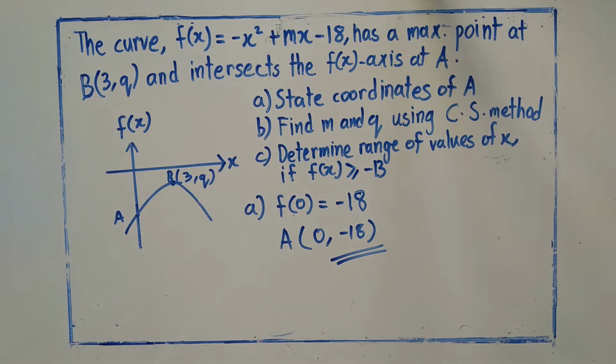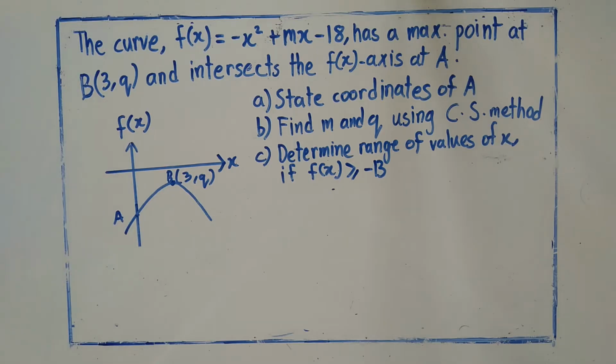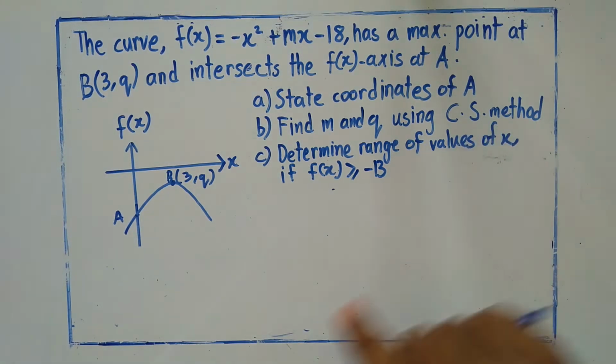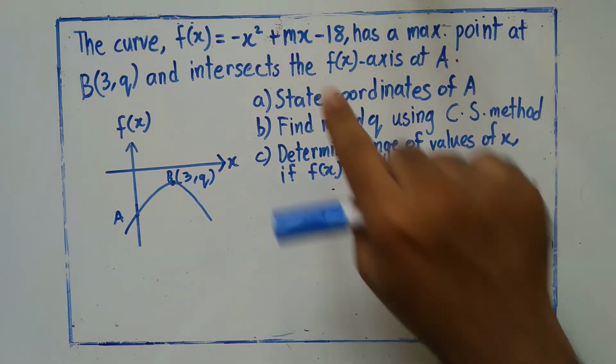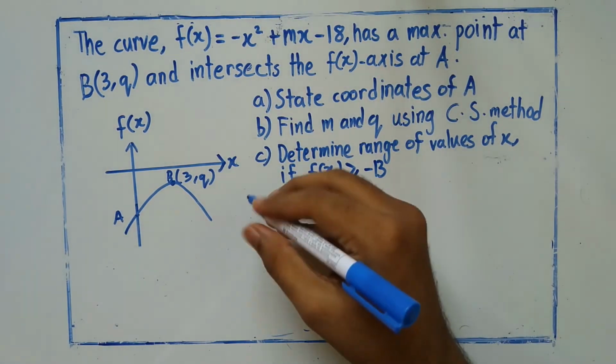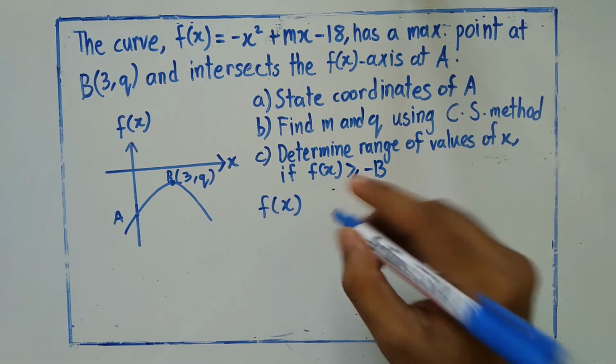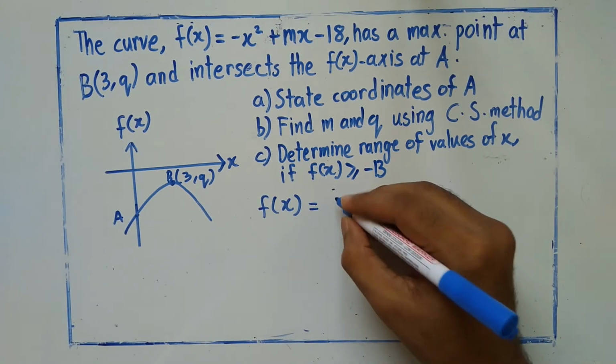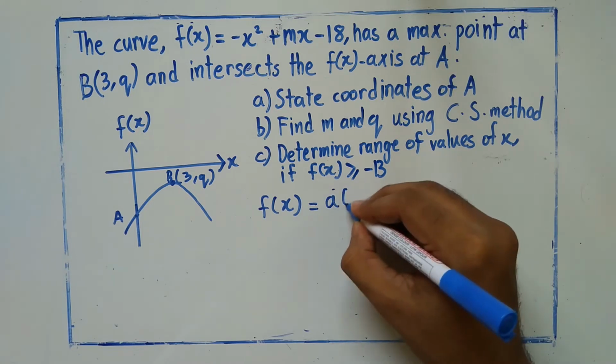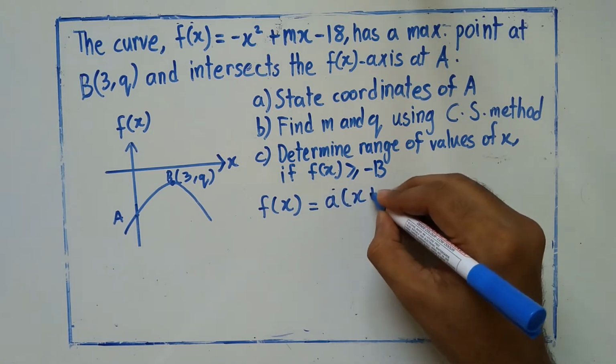Let's move on to part B. We had to find m and q using the completed square method. We had to convert this equation into the completed square form. The completed square form is as follows.